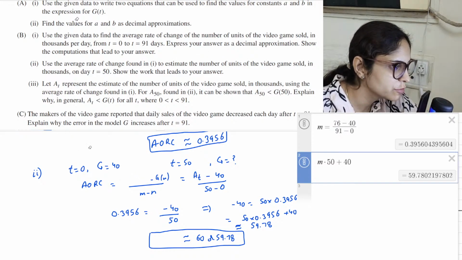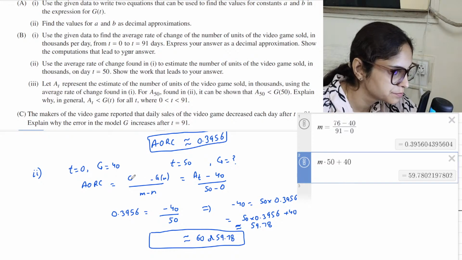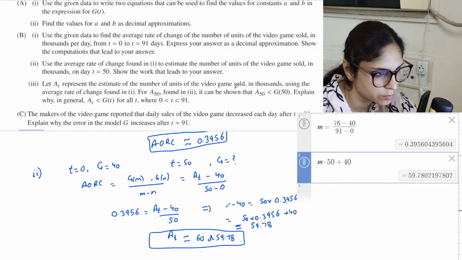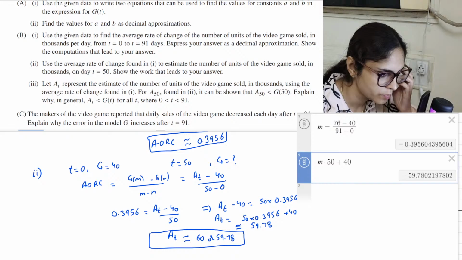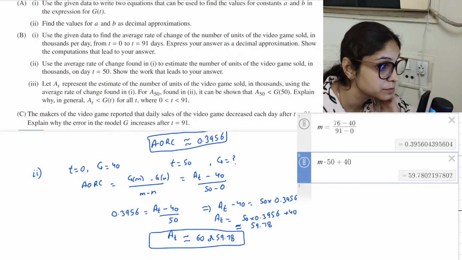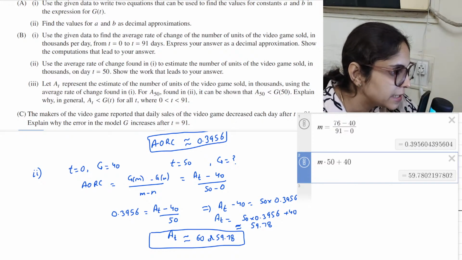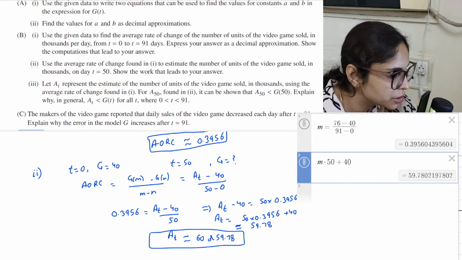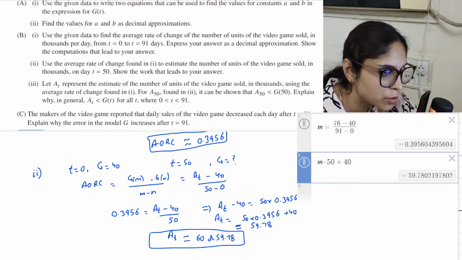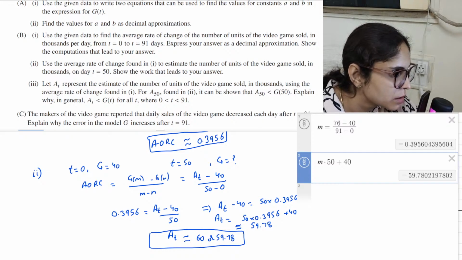In the first one, it will be G of M minus G of N. Let A(T) represent the estimate of number of units of the video game sold in thousands using the average rate of change found in one.